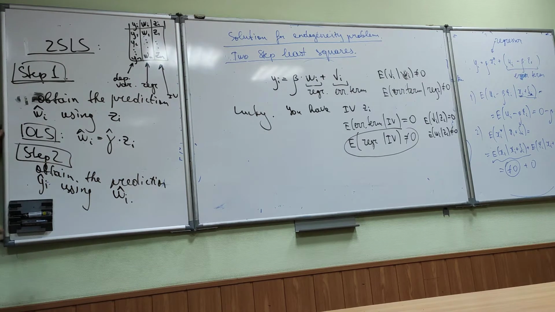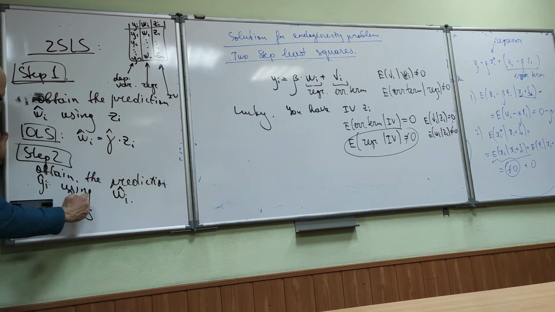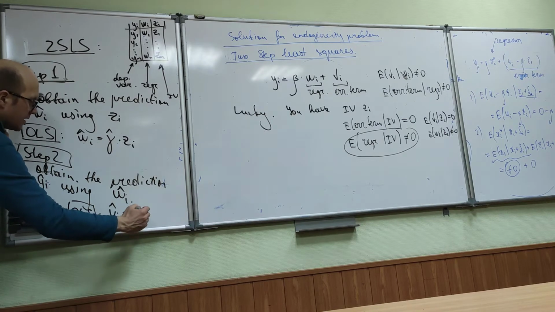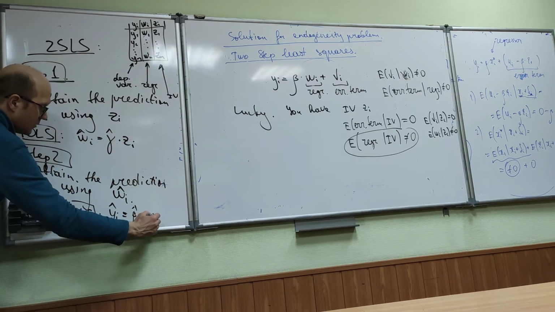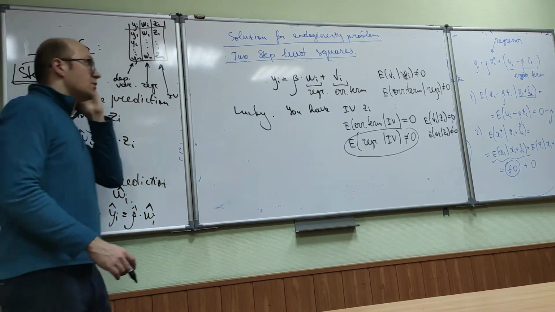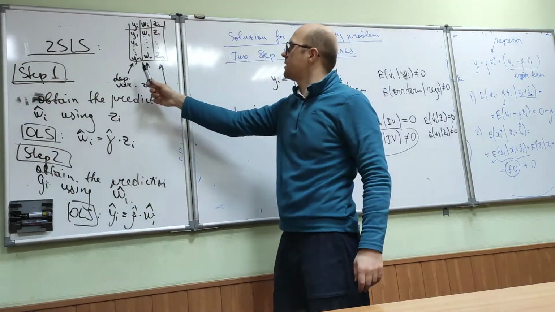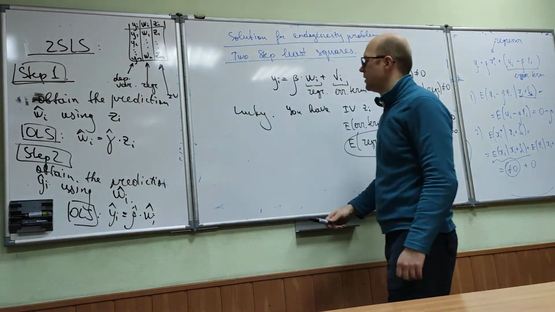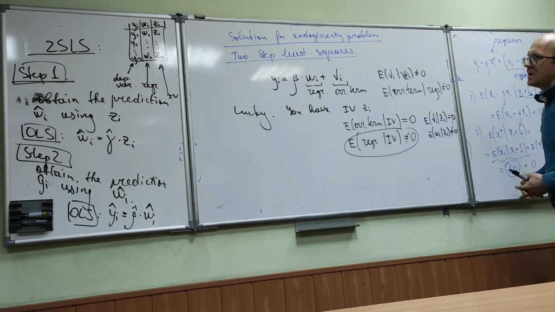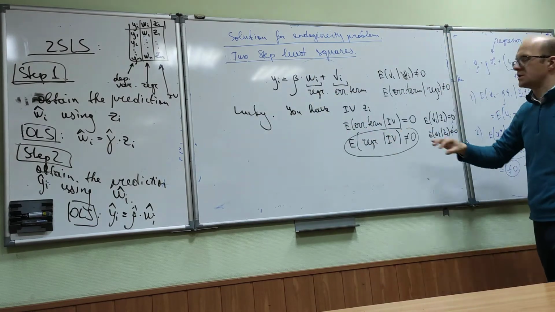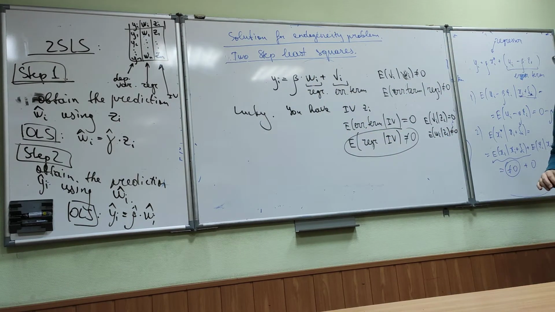Use OLS: y hat equals beta hat times W hat. You replace your regressor with its best prediction using the instrumental variable.